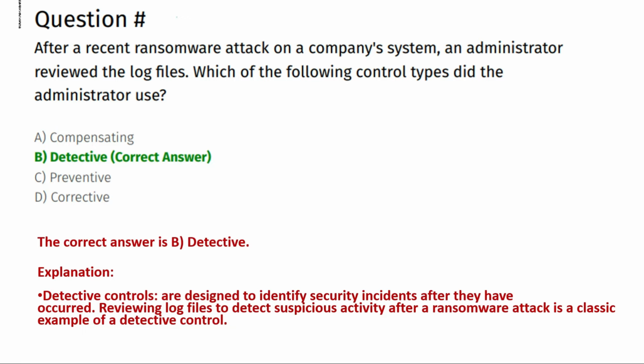So let's check the explanation. Detective controls are designed to identify security incidents after they have occurred. Reviewing log files to detect suspicious activity after a ransomware attack is a classic example of a detective control. So that's why the correct answer for this question is option B, detective.